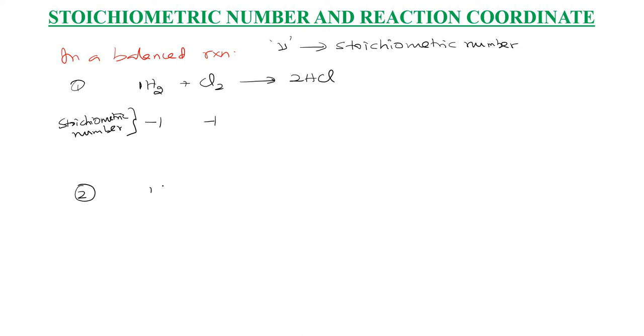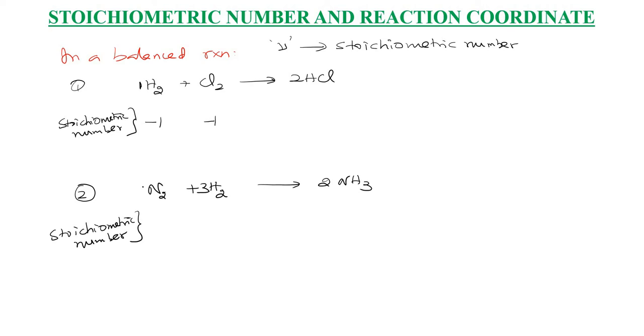Suppose I take this reaction, synthesis of ammonia by the Haber process. 1 mole of nitrogen combines with 3 moles of hydrogen forming 2 moles of ammonia. In this reaction, what is the stoichiometric number for the reactants and product? I told you for reactants, it should be given with the minus sign.